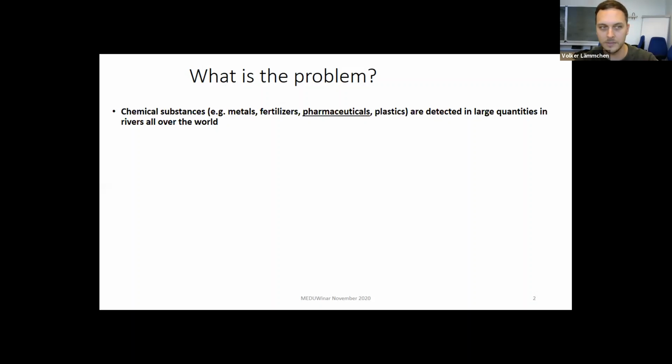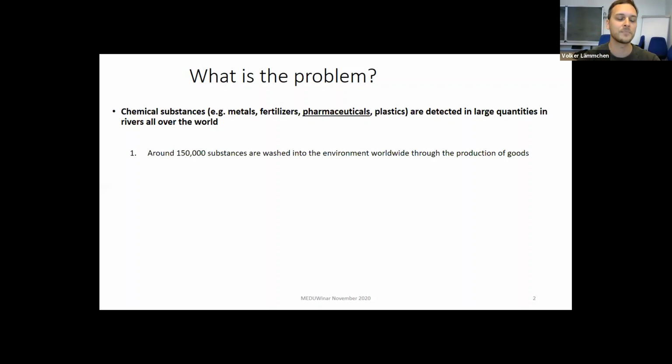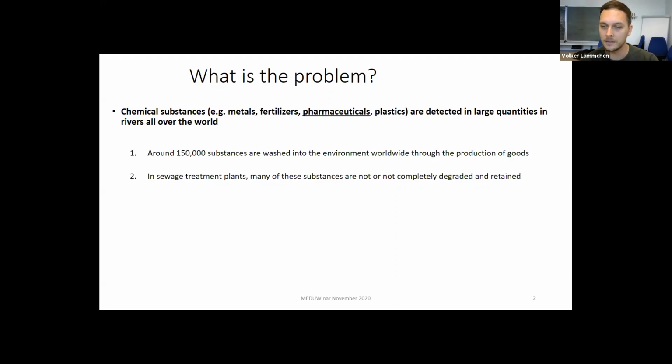The first one is that around the world we have around 150,000 substances that are washed into the environment through the production of goods, and that these substances in sewage treatment plants are only partly, so not completely, degraded and retained. So therefore these substances get into the water bodies and the groundwater, and some of them possibly even into our drinking water.